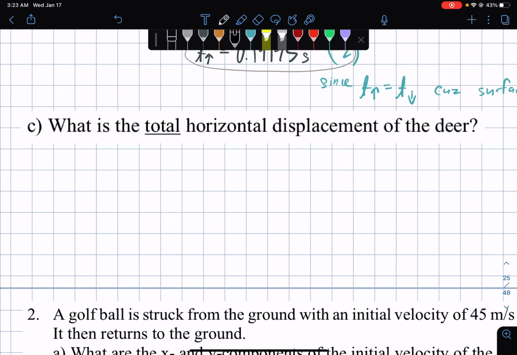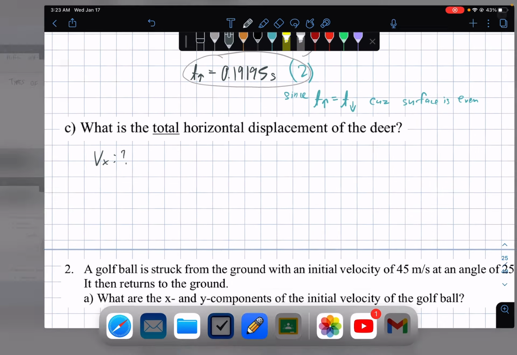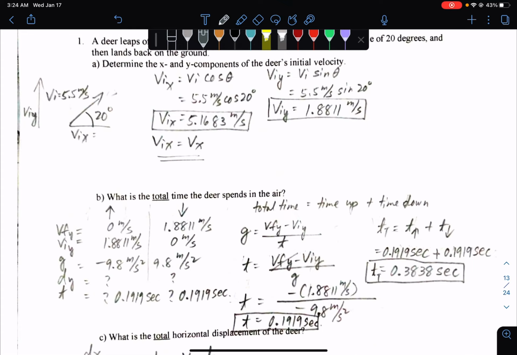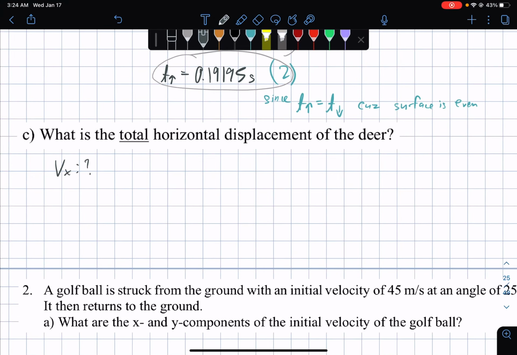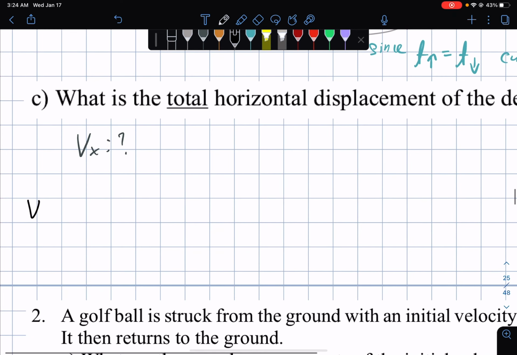What is the total horizontal displacement of the deer? I think this is the Vx. I think. Is it? Yeah, it's the Vx. It's a good thing I remember. It's been a month since I've reviewed this lesson.